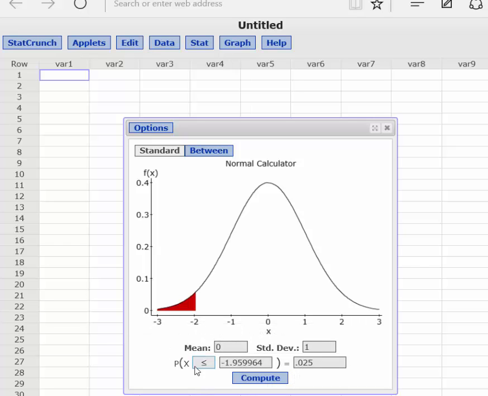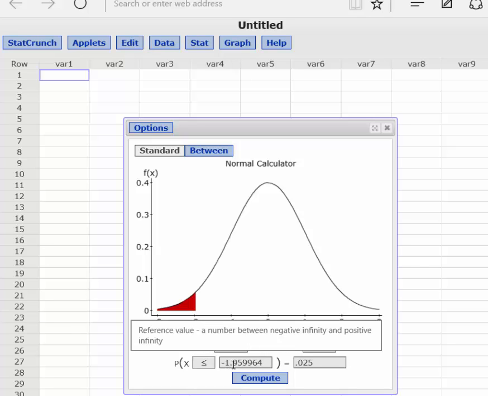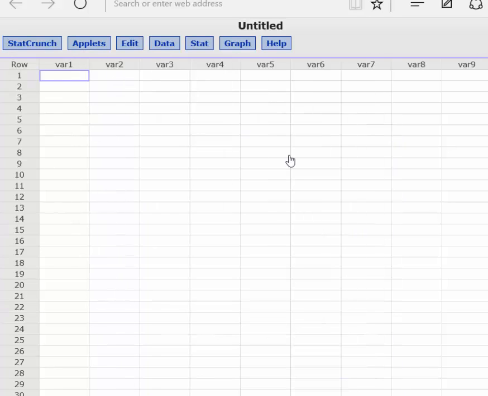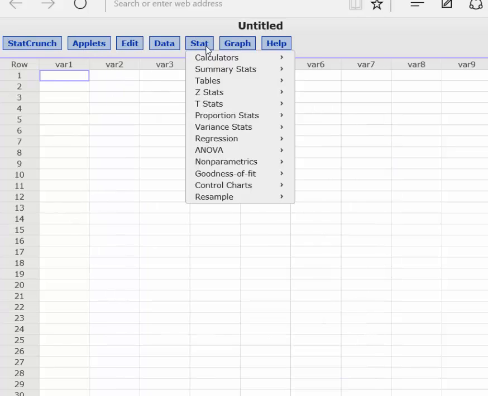Now I could switch this around and recalculate, but we know that the normal curve is symmetrical. Therefore, the right tail of the two-tail test is going to be the same, but positive, so it'd be a plus 1.96. Pretty straightforward.